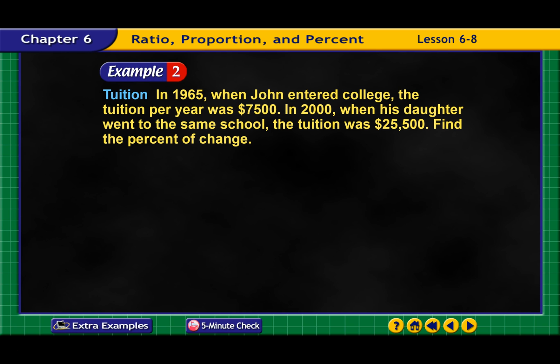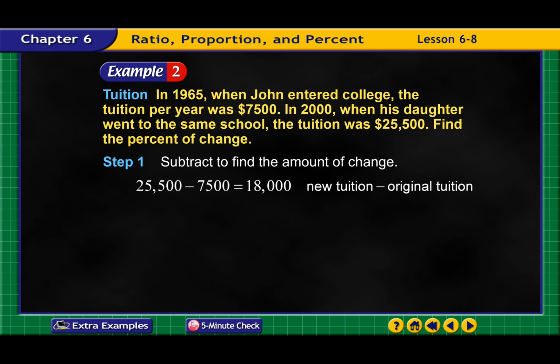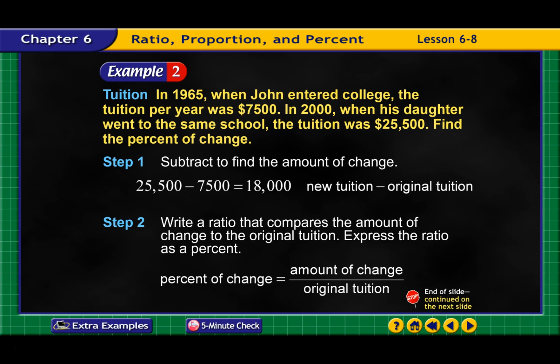All right, so this could be done in an actual situation. In 1965, John entered college where the tuition was $7,500 a year. In 2000, his daughter went to the same school and it was $25,500. Find the percent of change. So we first find the amount of change. We take the new tuition minus the original tuition. And that gives us 18,000.